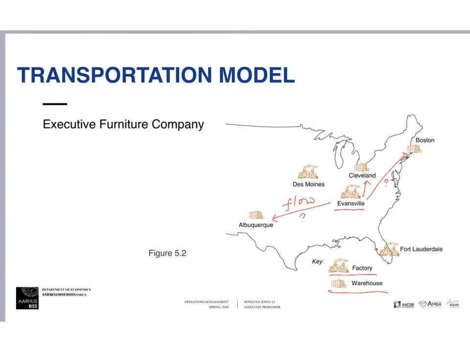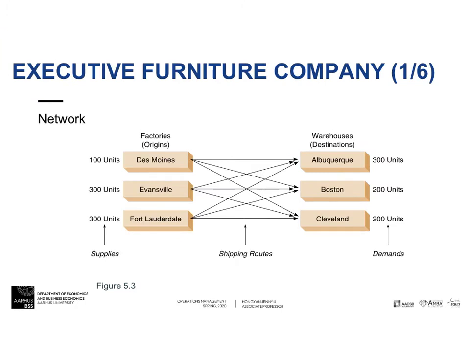And similarly, you consider all the other warehouses. So we have the factories, each factory to all the other warehouses. So we formulate the furniture company's example as a more tidy mathematical network. This is a typical type of network.